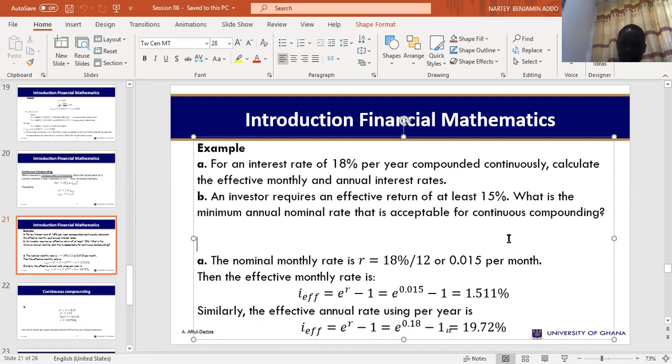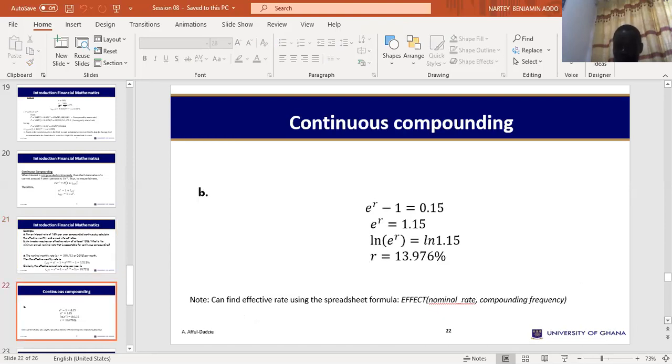Now take note that for every effective rate that we calculate, the figure must be higher than the nominal rate. So that must be a check. So you see this one, the nominal rate was 18%, but the effective is what? 19.72%. So take note. So continuous compounding, the third one, this is how you go about it.